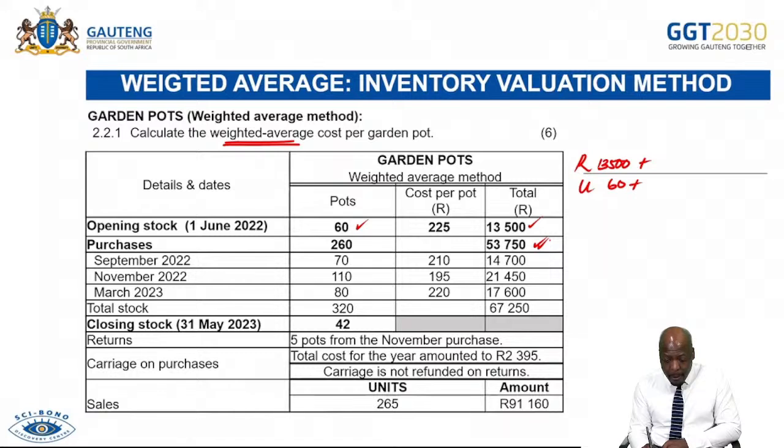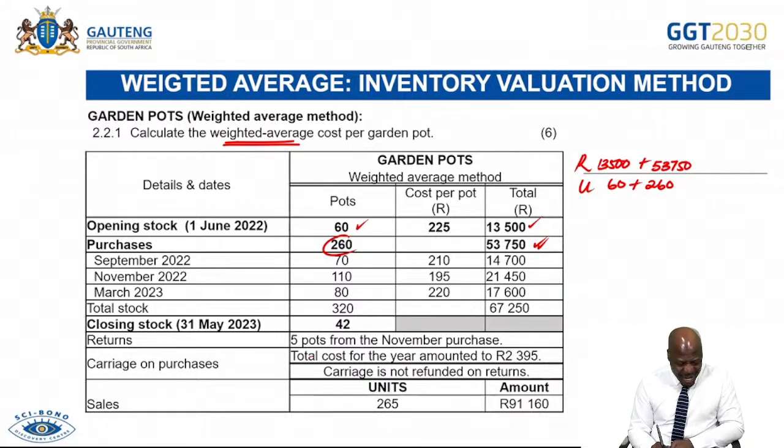There it is, 53,750. I add the purchases in rands. At the bottom, I also come. What do I add at the bottom? The units. How many are those? 260.